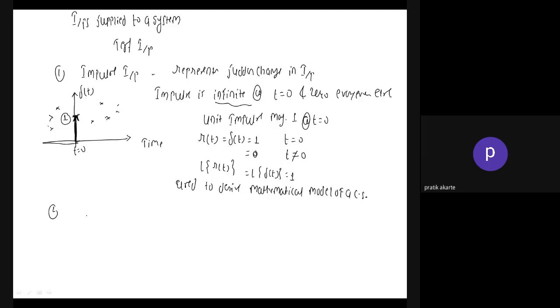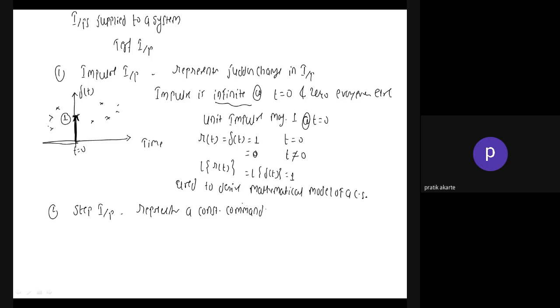Let us talk about the second kind of input, the step input. What is a step input? A step input represents a constant command, like a position.